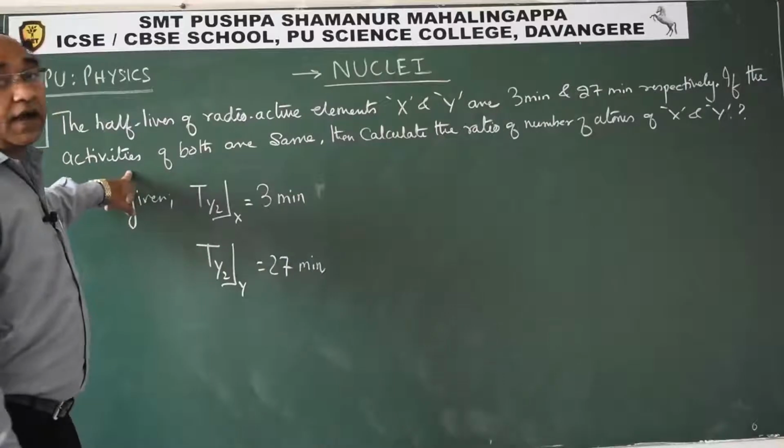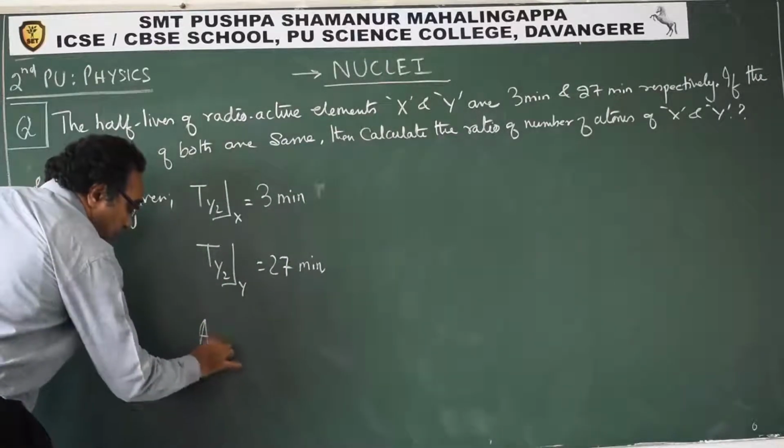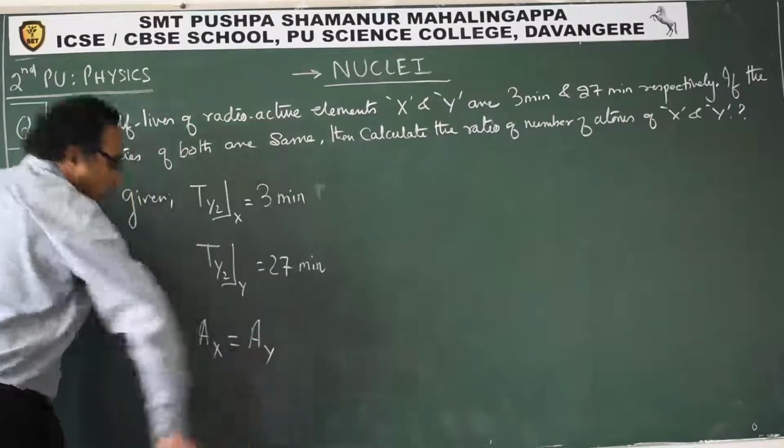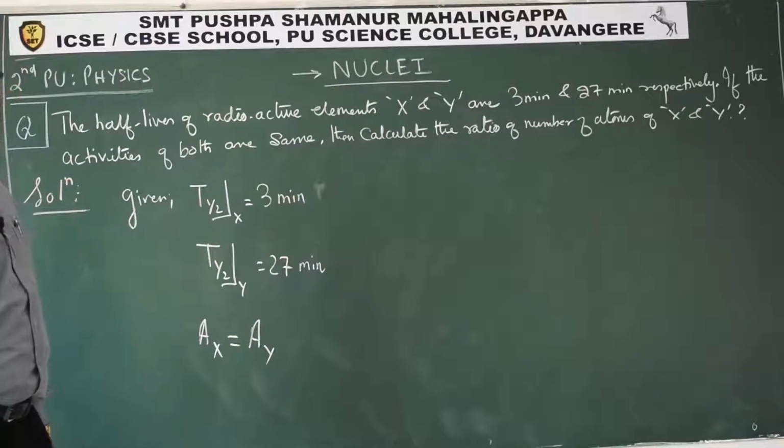It is given that the activities of both are same, AX is equal to AY. Then calculate the ratio of number of atoms of X and Y.